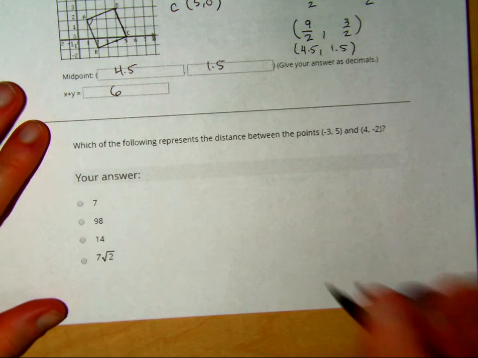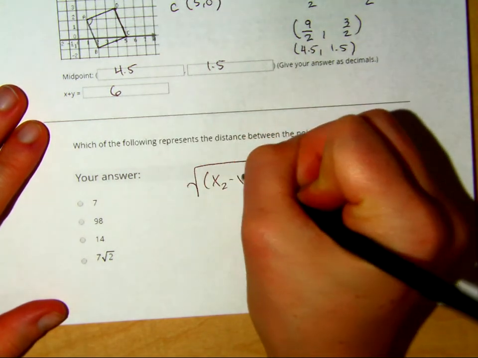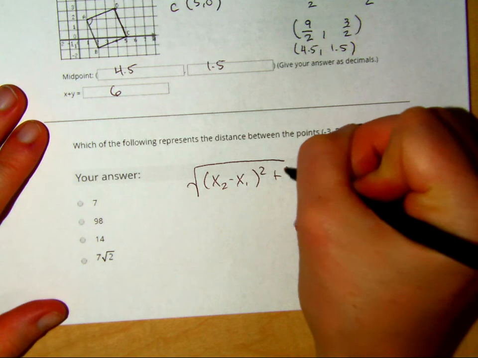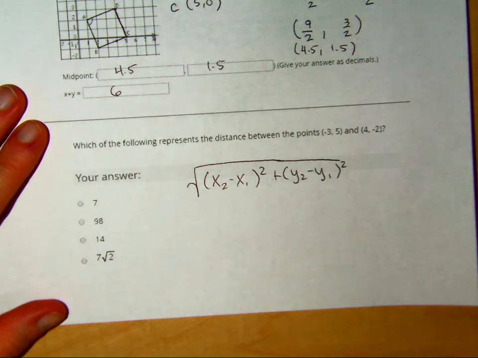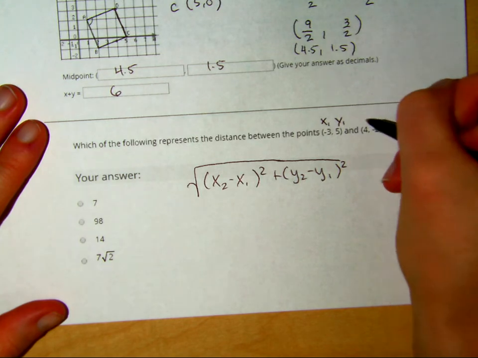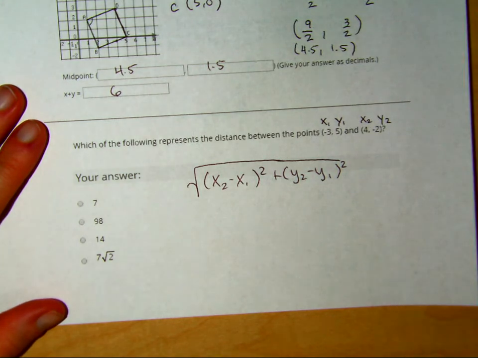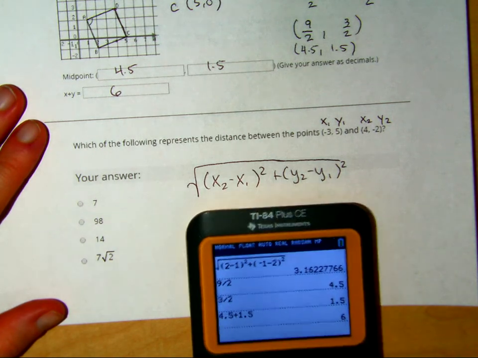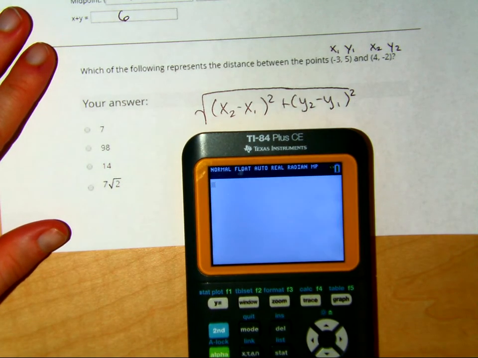So the distance formula equals the square root of x2 minus x1 squared plus y2 minus y1 squared. So let's just go ahead and say this is x1, y1, x2, y2, and just plug in. So I'm going to go ahead and just use my calculator to help me out. Okay, so I'm going to clear this second square root, parentheses.